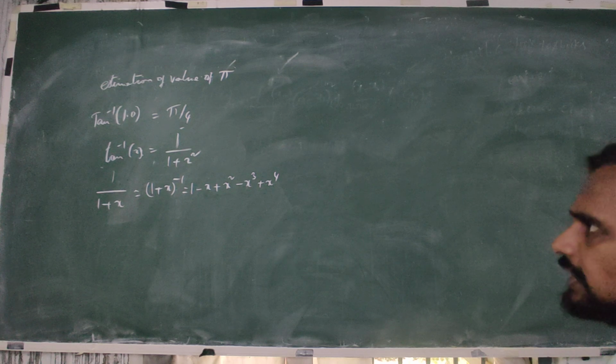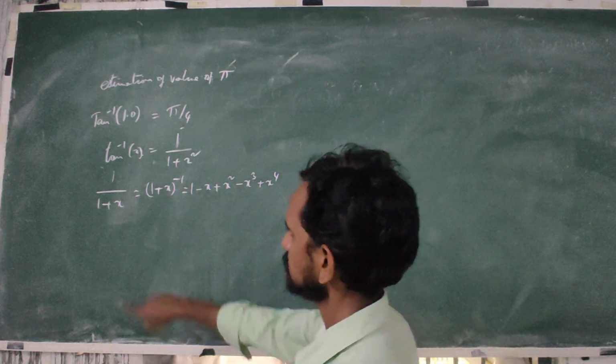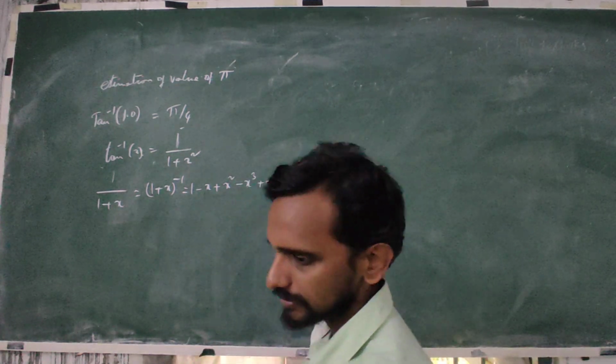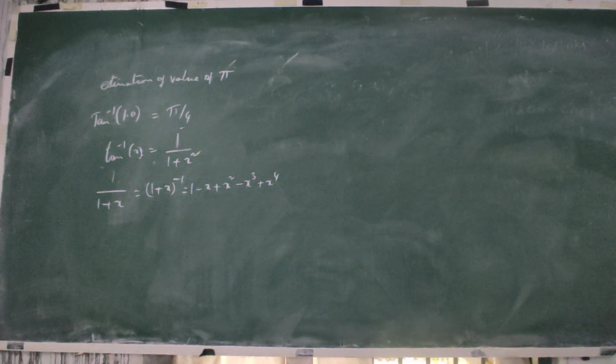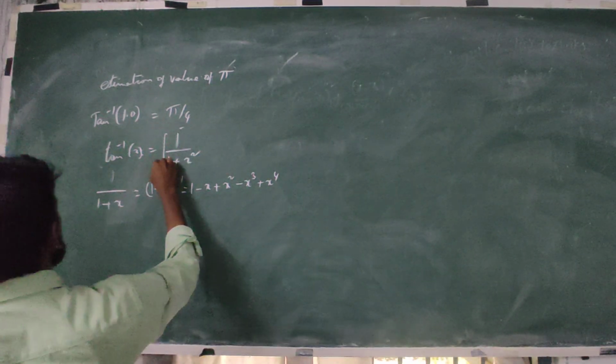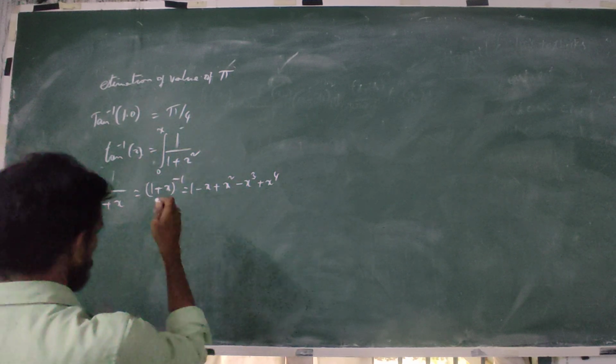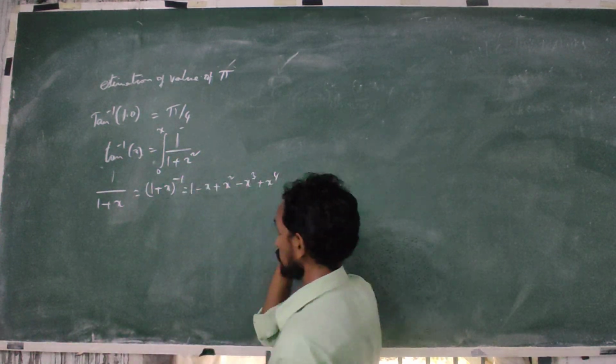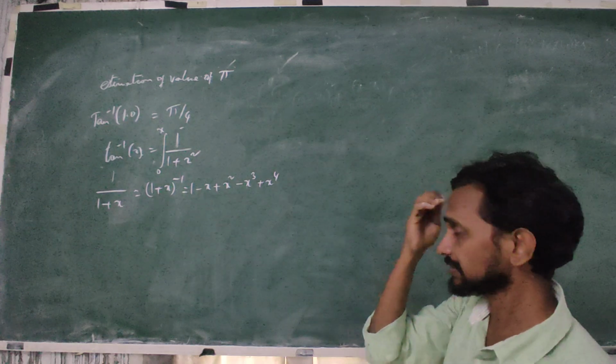And here we have to take square of that. So here we have to get the series for 1 by 1 plus x square.